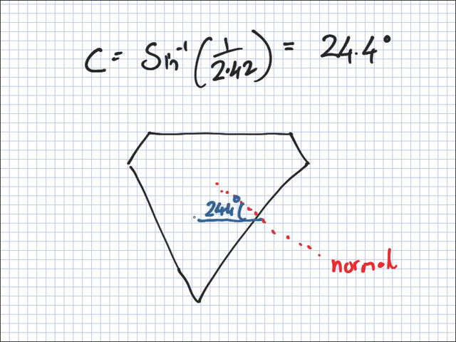If the light is at 24 or less, then it refracts back in. If it's more than 24, then it can come out.